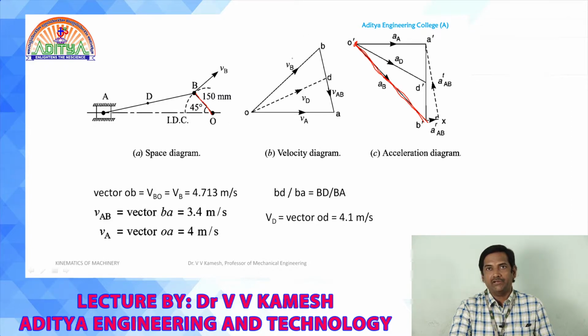Now, from B dash I need to identify A dash, but intermediately we are having some perpendicular point. So, what we will do from B dash in the diagram? We need to draw a parallel line to the link AB.